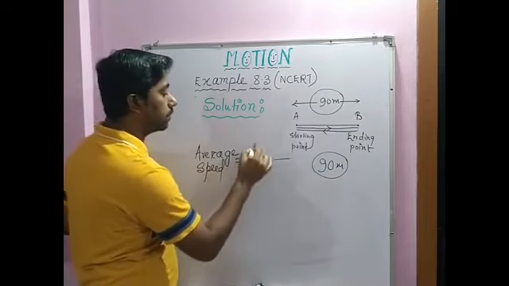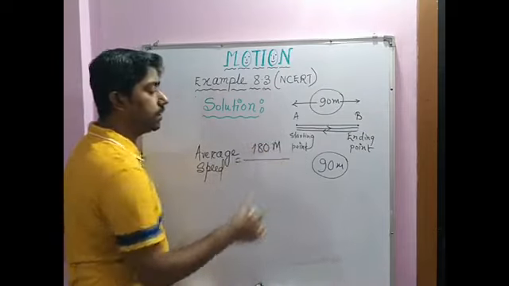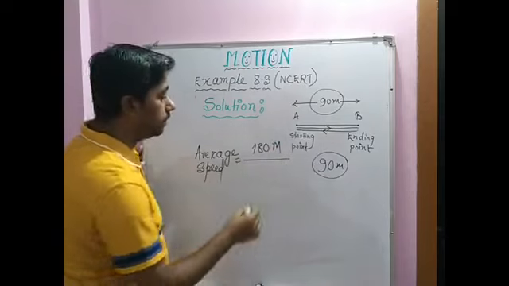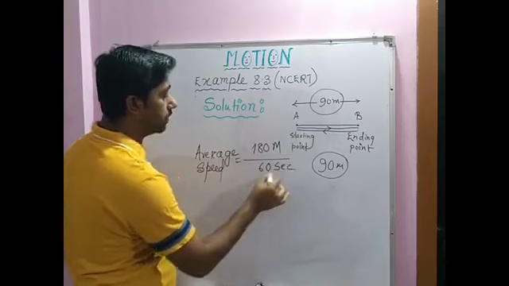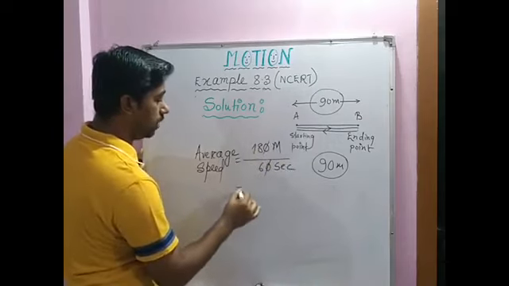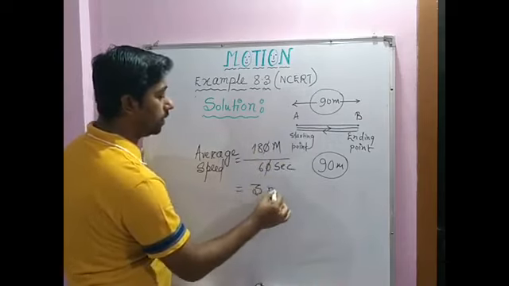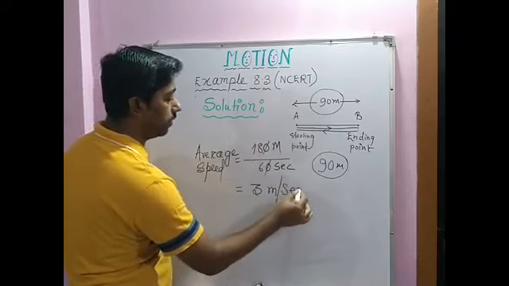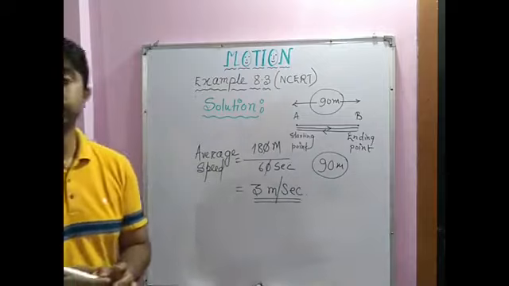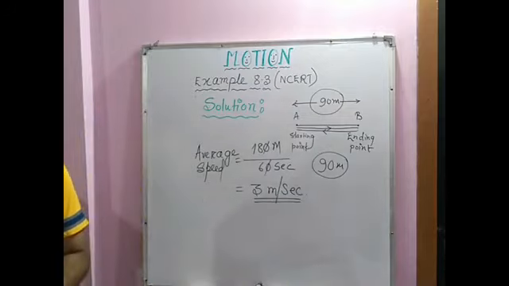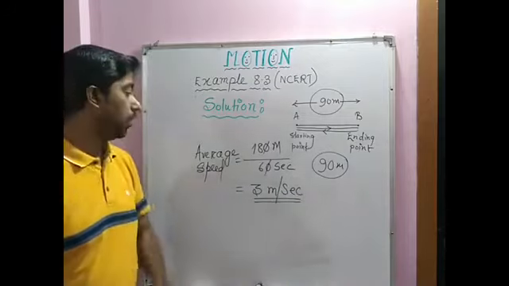Total distance we have already written 180 meters. Total time is 1 minute, so 60 seconds. So if you carry out the calculation, you will get 3 meters per second. Okay, so her average speed is 3 meters per second. I hope this is clear.